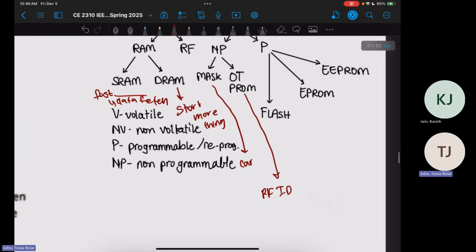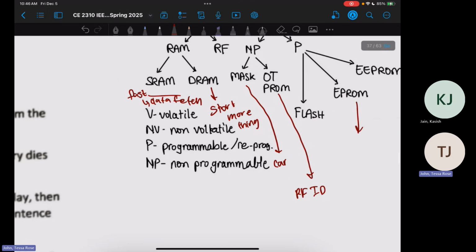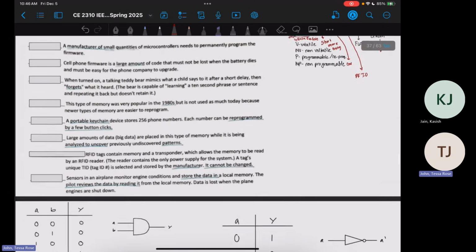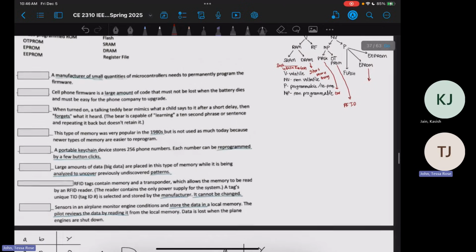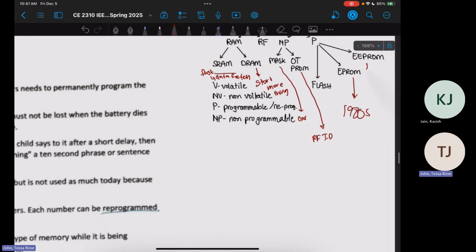And then EPROM, whatever is like 1980s, it's EPROM. And then EEPROM, anything that's related to calibration.